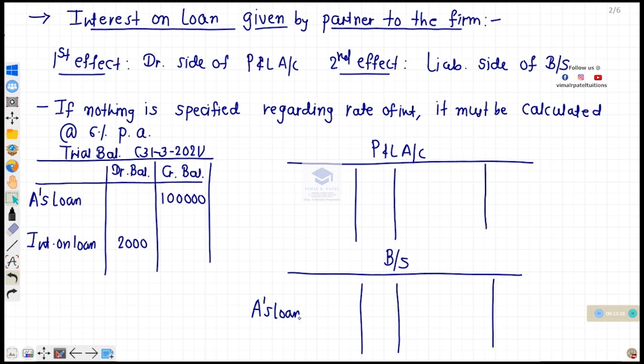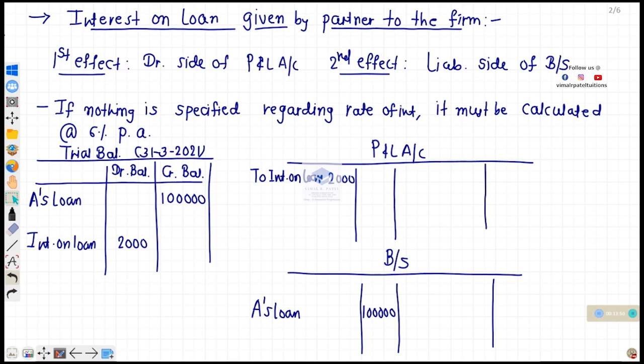First of all, A's loan 1 lakh. Then interest on loan already debited, that is 2,000. Now actually interest on loan will be 6,000.